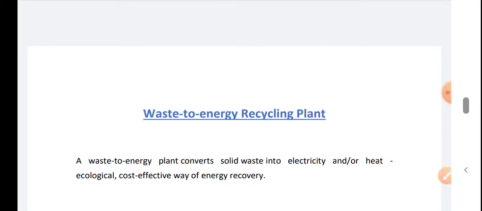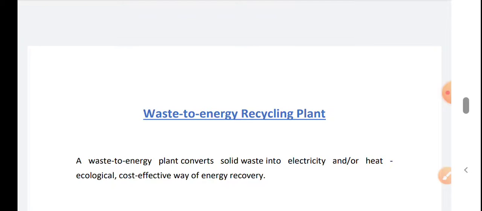Since industrial waste is also hazardous to the environment, we need to do something to clear our environment from the toxics present in the industrial waste, as well as reduce the volume of the waste, because dumping yards are limited and in future we will not have many dumping yards to dump all the industrial and municipal waste.